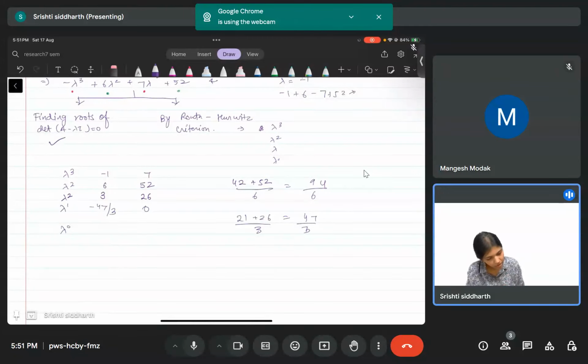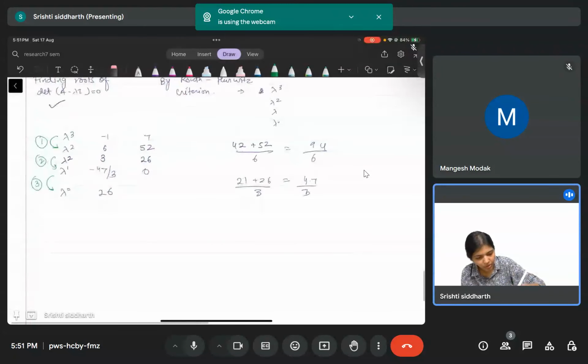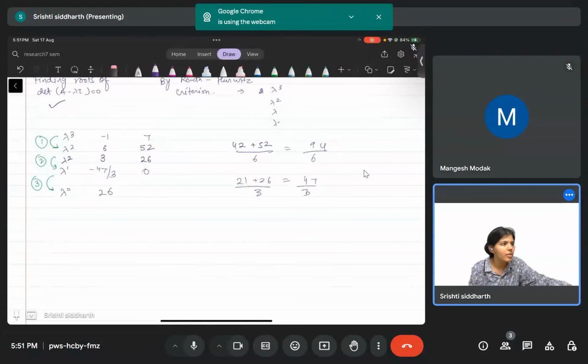And then we have plus, this is just 26. Now let's see the sign changes. There is one sign change. It's a third order polynomial and we have three sign changes, which is the basis of the sign change count.